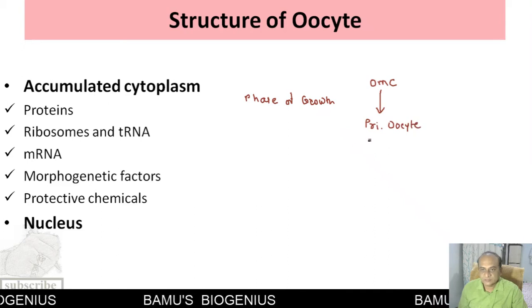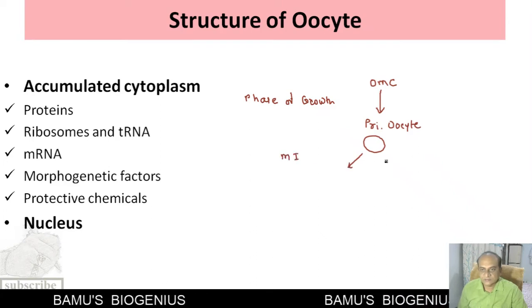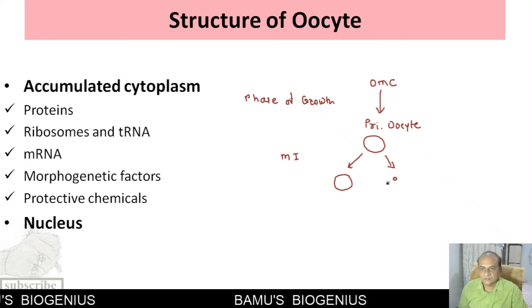And this primary oocyte undergoes the first meiotic division, called M1, and a secondary oocyte is formed with a very small polar body.